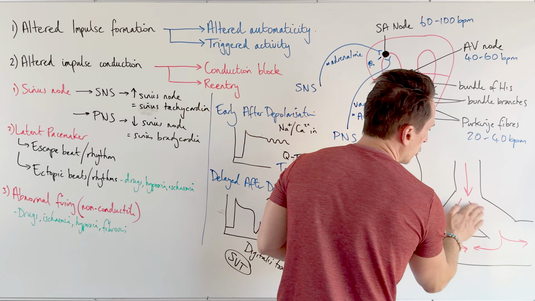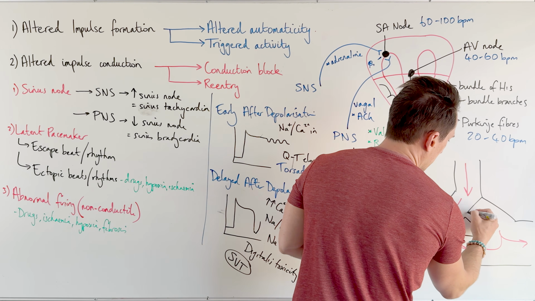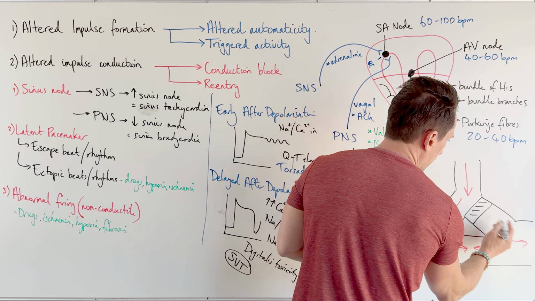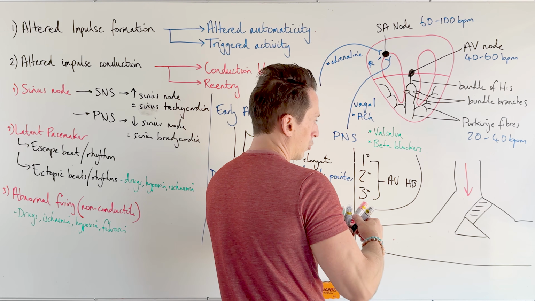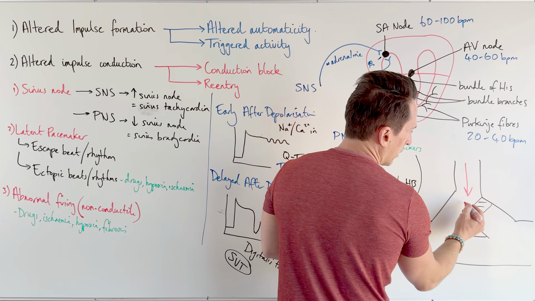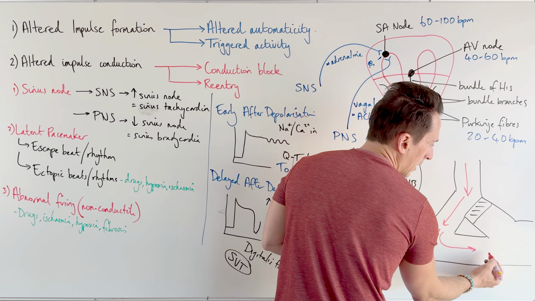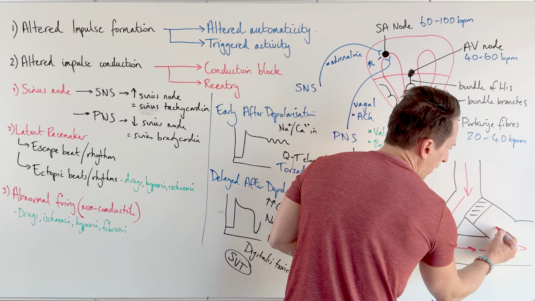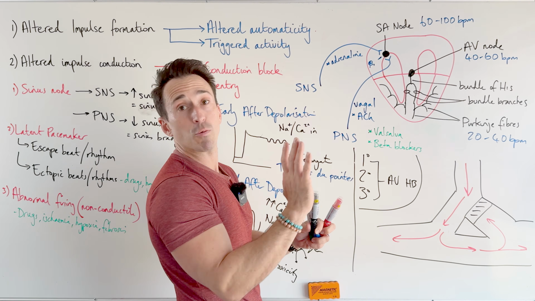But if you've got an issue, let's say here, and there is damage to this part of the cell, what can happen is the signal begins as normal, but can't travel through there. So it travels down this way as normal, this way, it doesn't meet with anything. So then it will go back here. Now, if that's fully blocked, it just stops there. You don't get any re-entry issues.